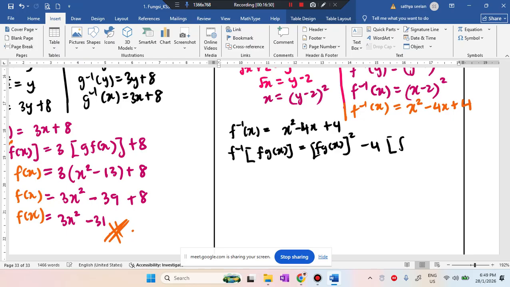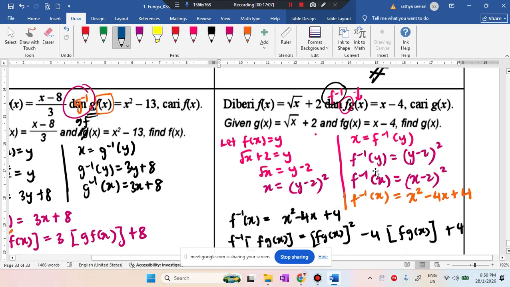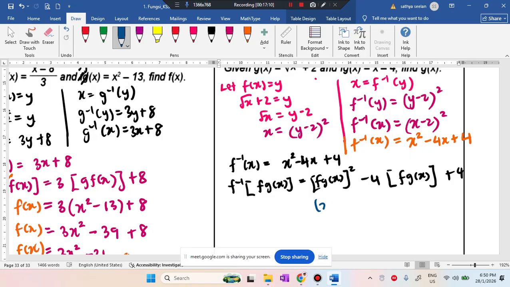What is FGX? FGX ni adalah X minus 4. X minus 4 square minus 4 X minus 4 plus 4. Banyaknya 4. Okay. Right. So, this one you expand. Expand mentally. So, X square.